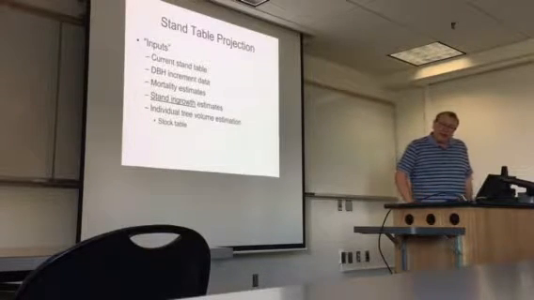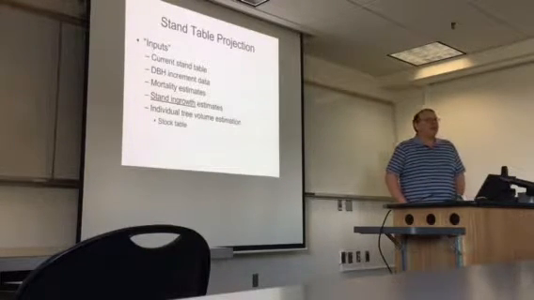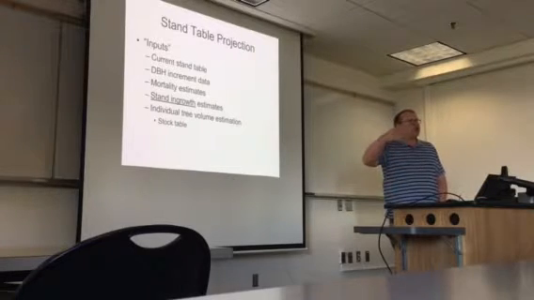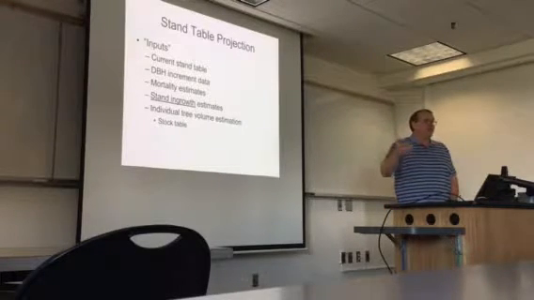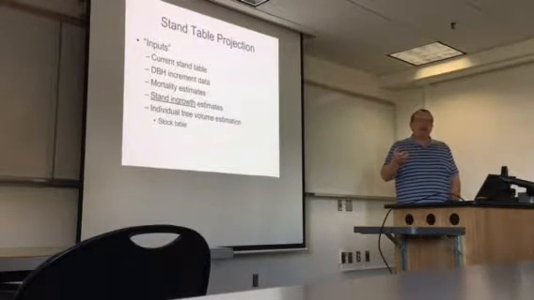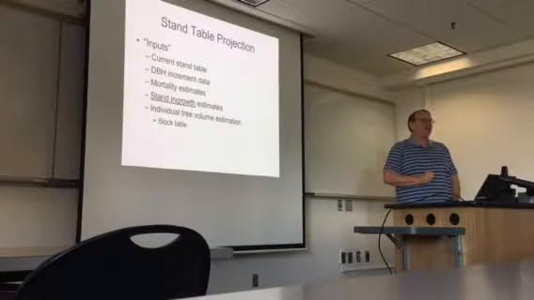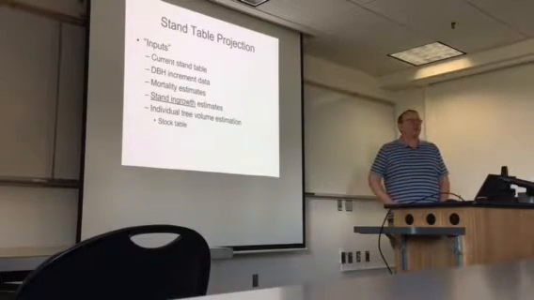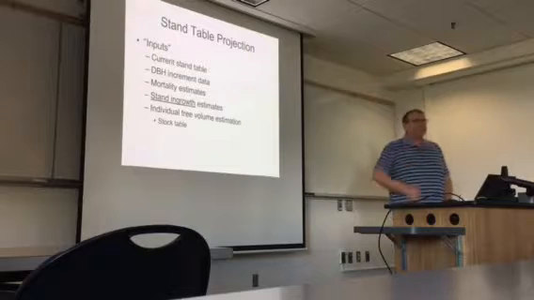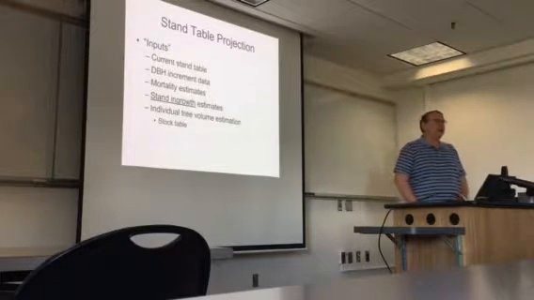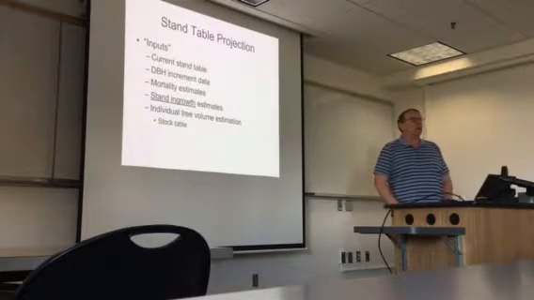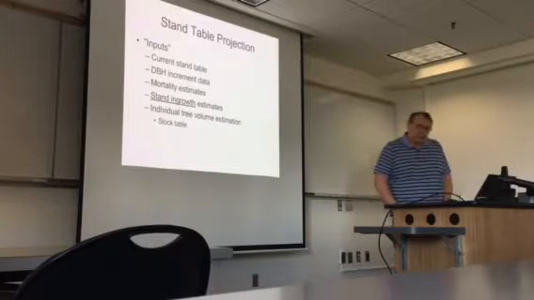Then we also need to have increment data, and since we're projecting the stand table, the attribute we need to project is DBH. So we need DBH increment data. Where are we going to get that? How are we going to get that? Measuring it. Yeah, increment cores. Taking increment cores.